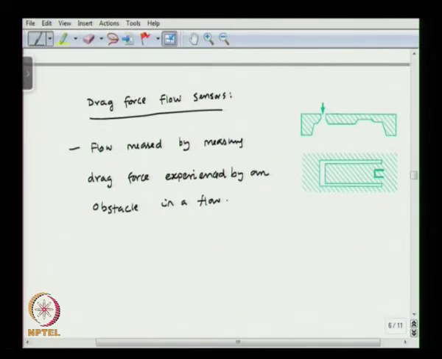If this cantilever structure is exposed to the flow that is coming in, it is going to experience a drag, and that drag force can be measured by measuring the bending of this cantilever beam, and by measuring the drag we can predict the flow rate.